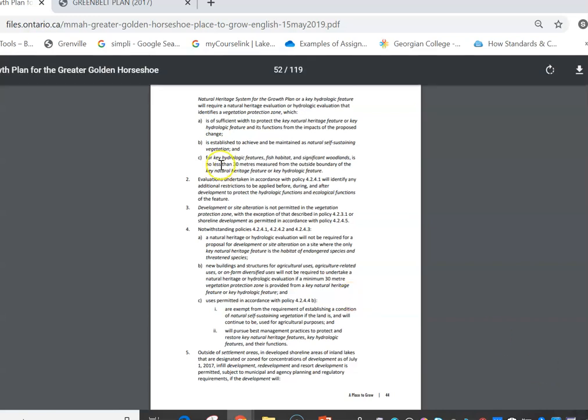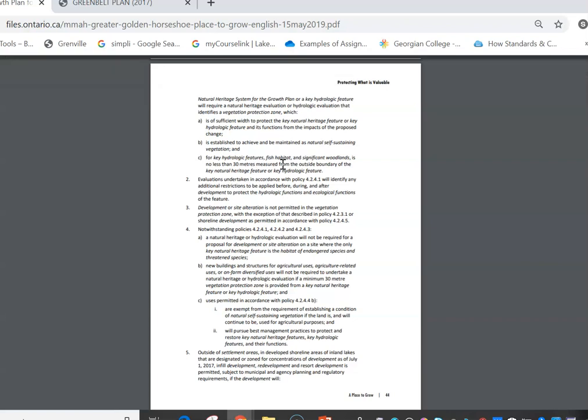So if you look at, for example, this one, for key hydrological features, fish habitat, significant woodlands, no less than 30 meters measured from the outside boundary of that feature to wherever that particular development may be.